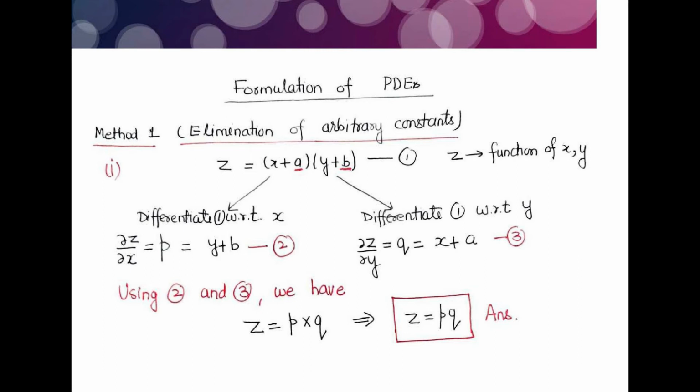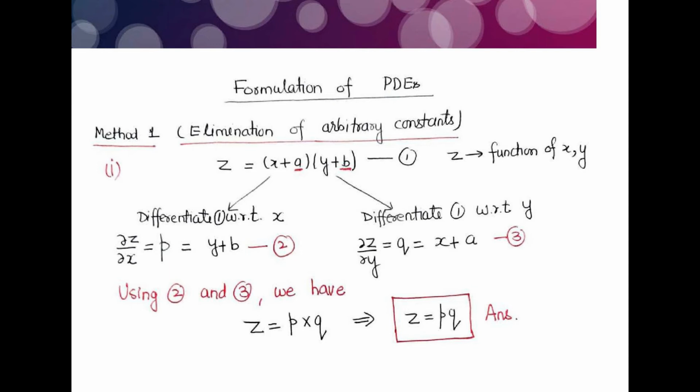So start with equation number 1. Differentiate with respect to x. We get p, that is the derivative of z with respect to x, equal to y plus b, equation number 2. Now again differentiate equation number 1 with respect to y. We get q equal to x plus a, that is equation number 3.